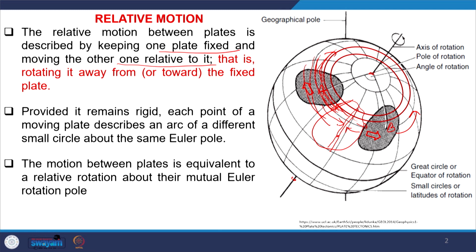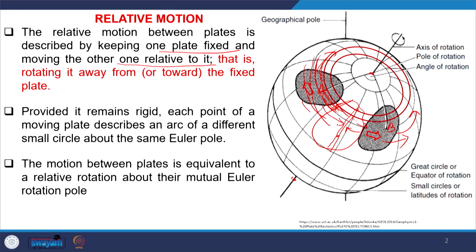Euler's small circles have nothing to do with earth's latitude and longitude. They are totally different, imaginary lines that define the pathway of each point on a moving or rotating plate. The motion between these plates is equivalent to relative motion about their mutual Euler's rotational pole.